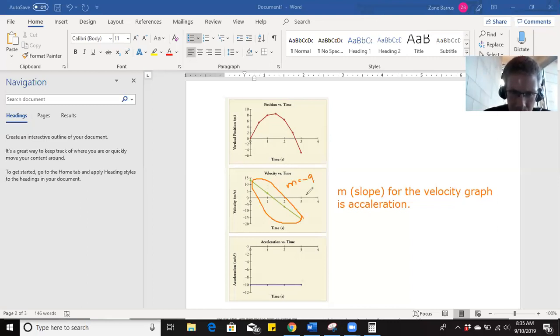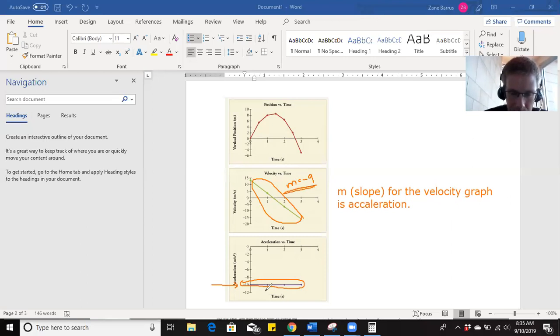And if you look down at the acceleration graph, lo and behold, my acceleration is about -9. Now, it's actually -10 because I'm ballparking here, but you can see that the slope we calculated up here is very close to the actual value of the acceleration down here.